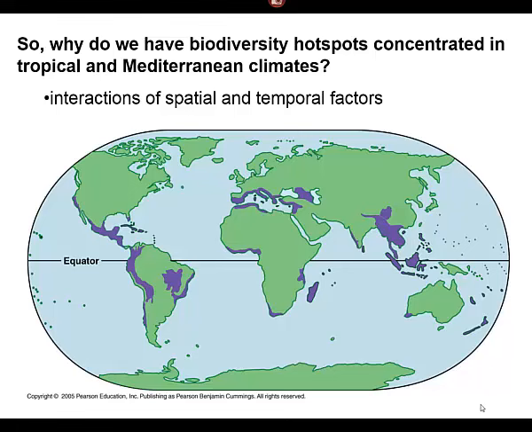You have part of species richness and diversity defined by the size of an area and where it's located in terms of closeness to a source, or just the amount of area, as well as temporal factors that bring in those historical influences, as well as the flux of both individuals with our rates of immigration and extinction at the species level, as well as species turnover, as Jared Diamond did in his research. So we can summarize all this again with these interactions of spatial and temporal factors that influence the amount of biodiversity in an area.